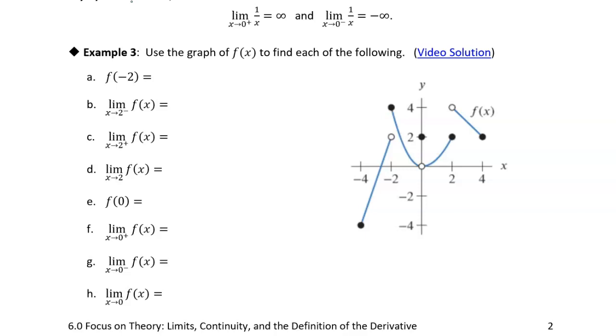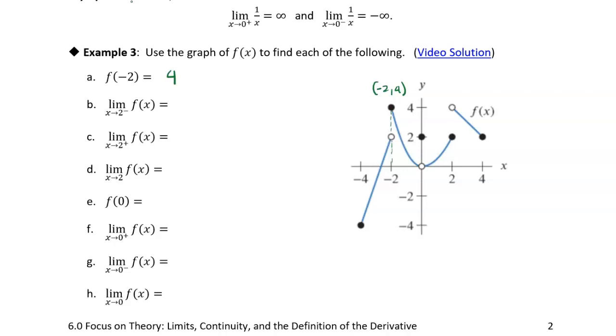So if I look at f of -2, you can see if I go straight up from -2, I have an open circle here, which means that's not the value. The value is the closed value here. So we have the point (-2, 4). So the value of the function at x equals -2 is 4.